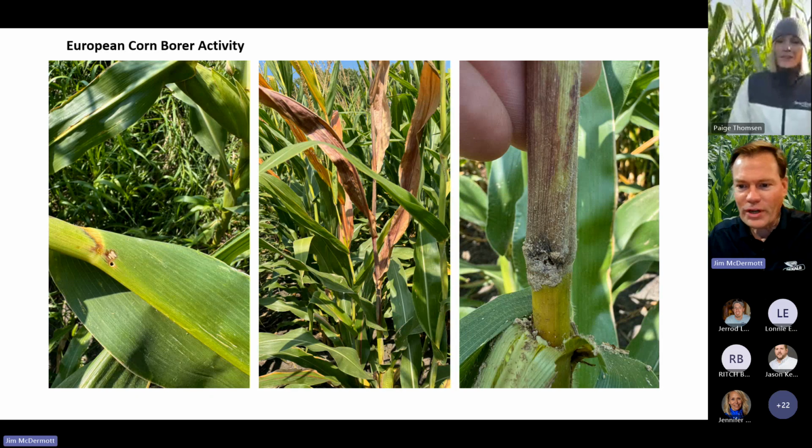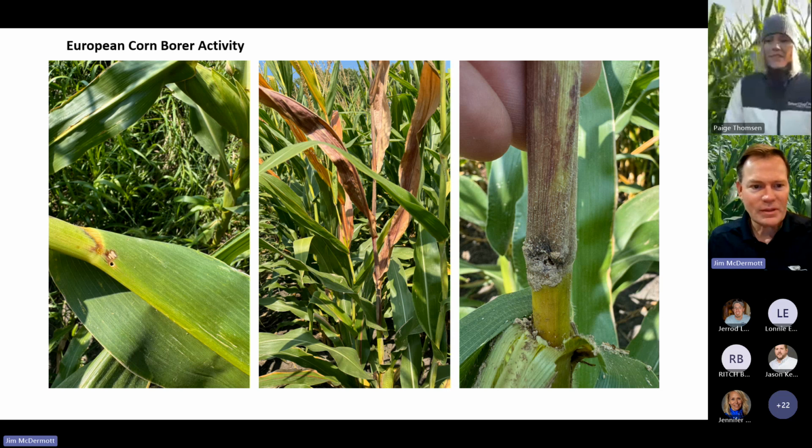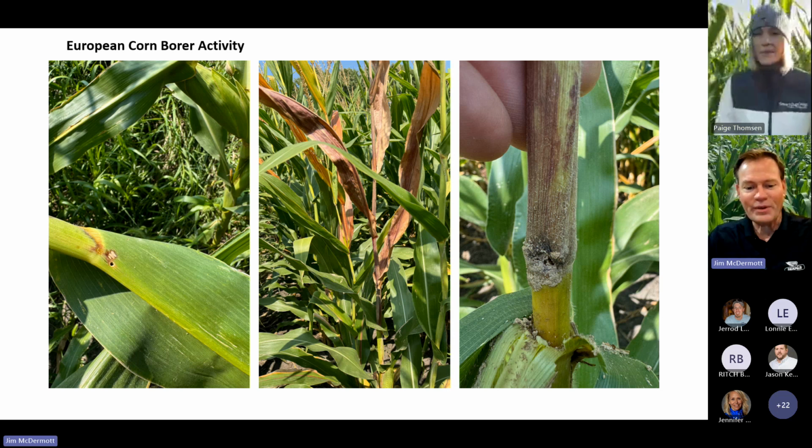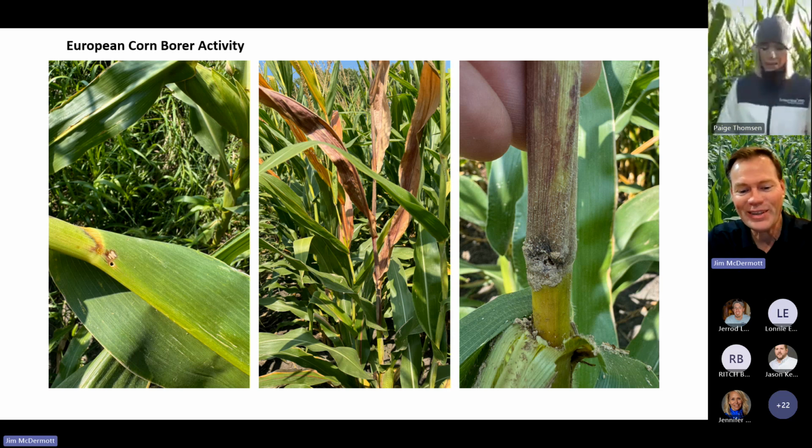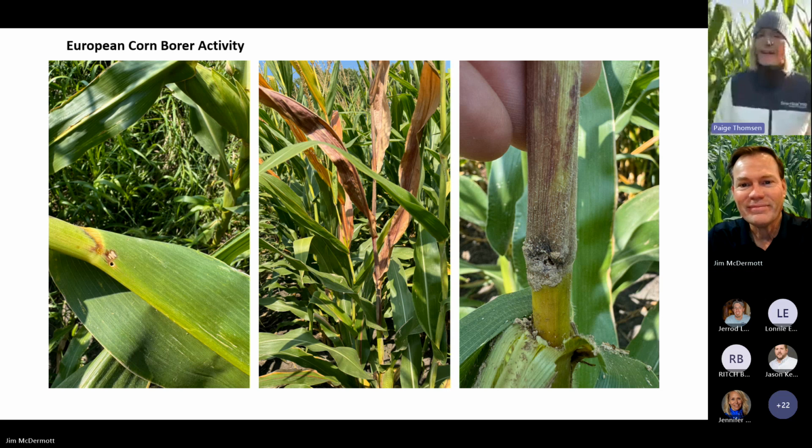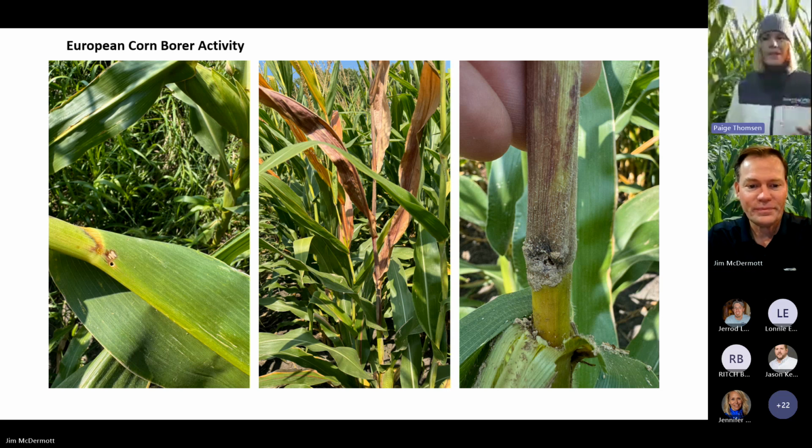So how about some things going on out in the field, Paige? Some things that are a little bit unusual that we don't see too much anymore. Yeah, it is interesting week to week as far as certain pictures that get texted or sent. Got this the other day. So if you look at the red dot there, it's a shot hole is what I call it.